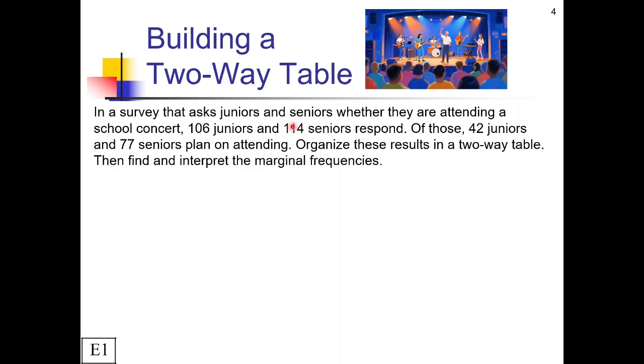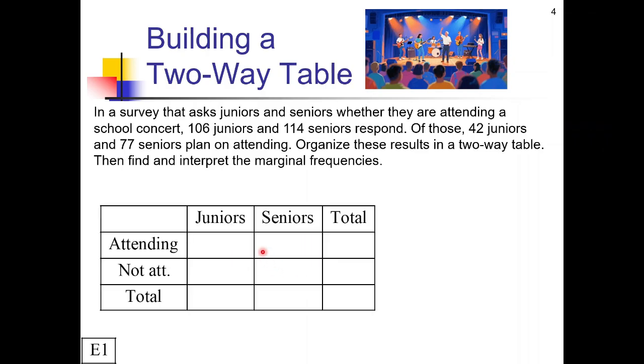It doesn't actually matter. In fact, let's do it the other way around. We have to pick a direction. Let's build it so that the attending versus not attending are the rows, and the juniors versus seniors are going to be our columns. Again, you could have done it the other way around. It won't really make a difference for the final results.